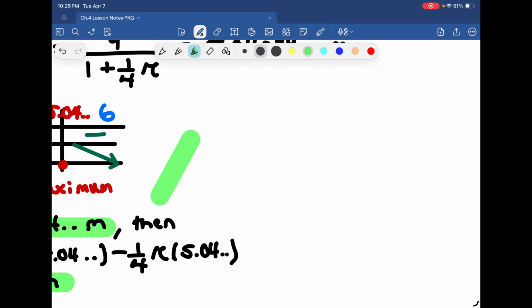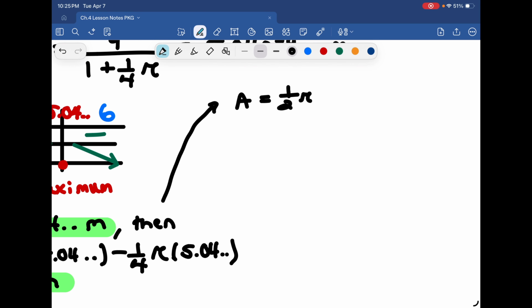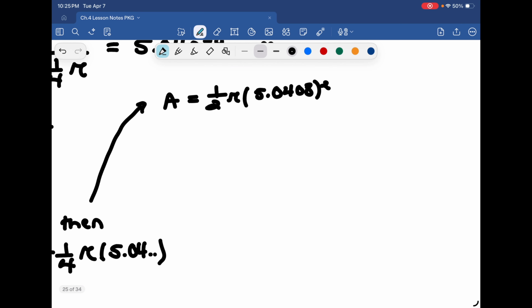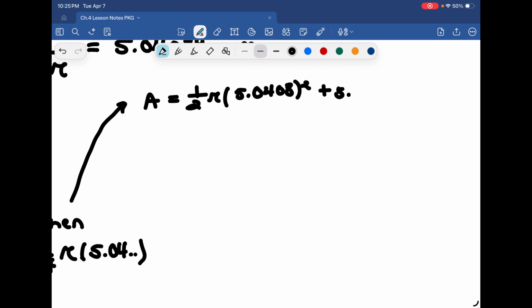So I'll arrow up. Whoops, don't want that to be there. I'm going to just arrow up and then go area is equal to, and we're going to plug it into the 1/2 pi, the length, which was 5.048, all squared, and then plus the 5.048 bracket times the width, which was 2.52.